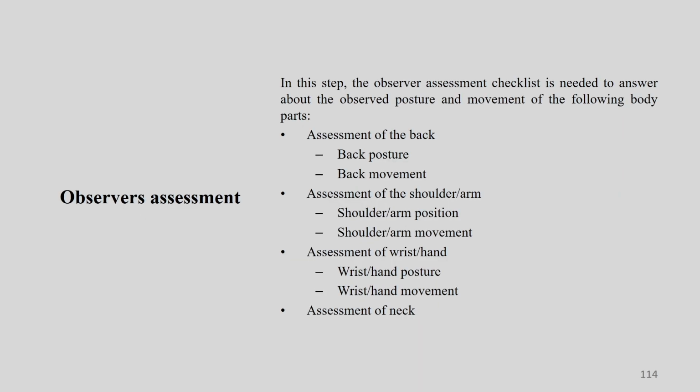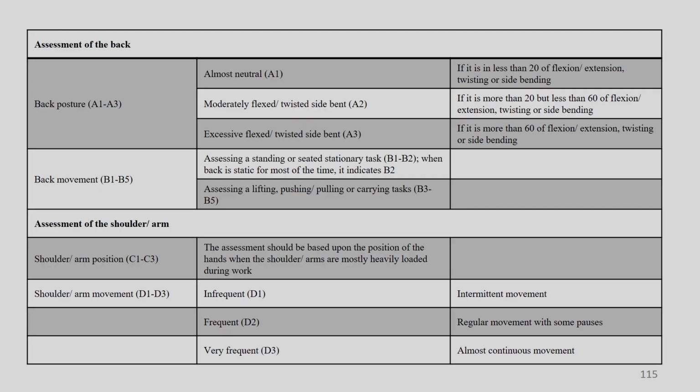If you recall any other posture assessment tool like RULA, REBA or OWAS, we only talked about the posture, we never talked about the movement, right? So in QEC we are talking about back posture as well as back movement. For the shoulder also, shoulder and arm position and their movement. Wrist also, wrist posture or position and the movement. Similarly for the neck.